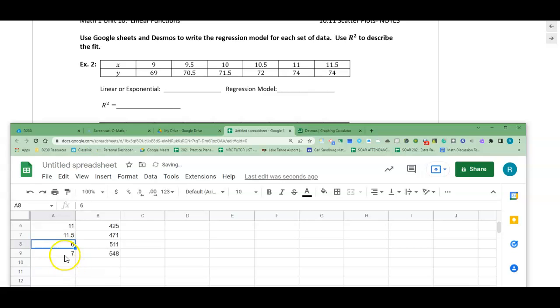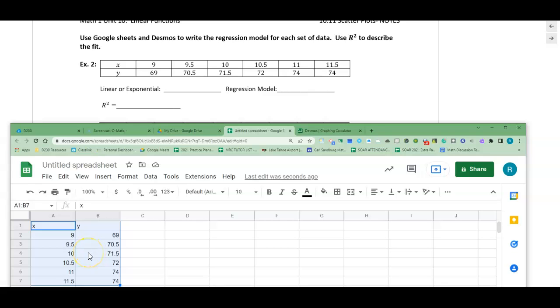Then I'm going to delete these. And then I'm going to go for my Y values: 69, 70.5, 71.5, 72, 74, 74.